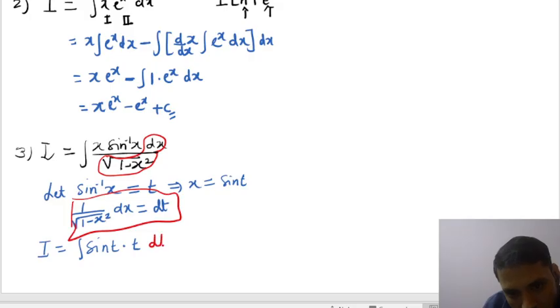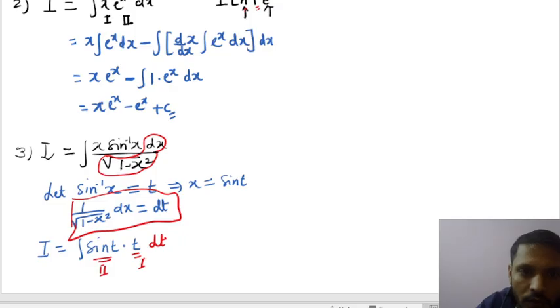Now you can see we have the two terms sin t and t, and according to the Euler rule, sin t is in the second last, and t is algebraic. That means t is the first function and sine is the second function, so we apply the formula.